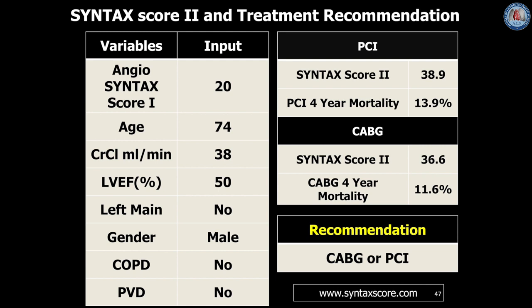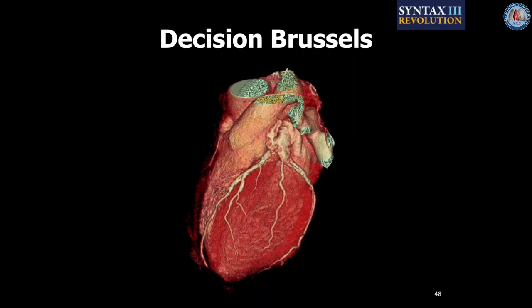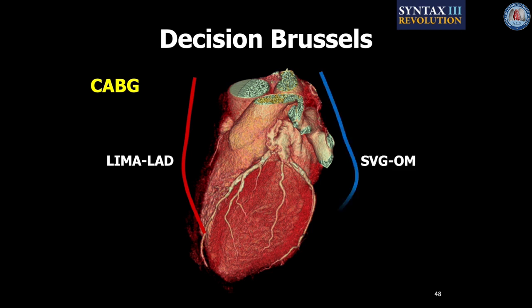Equipoise. In Brussels, they go after a treatment which is, at the time of bypass surgery, a LIMA and a saphenous vein graft. So now I'm finishing very quickly with the results.